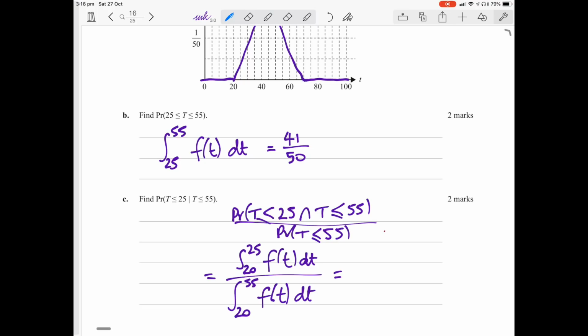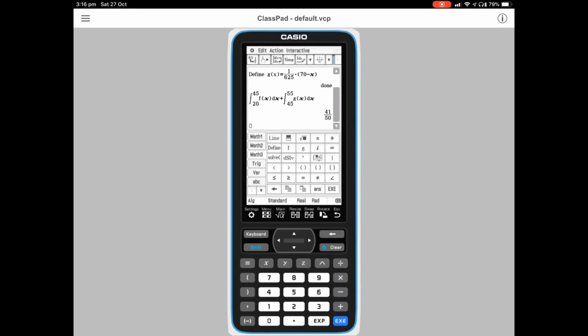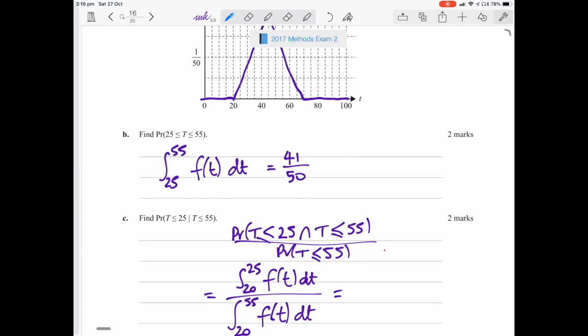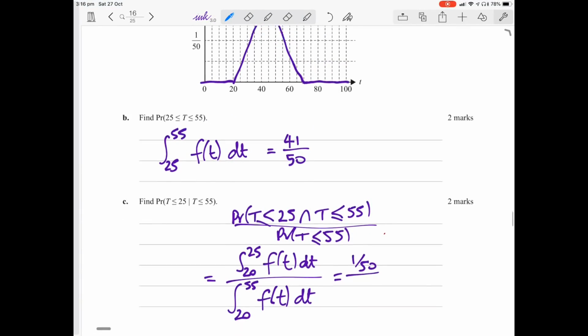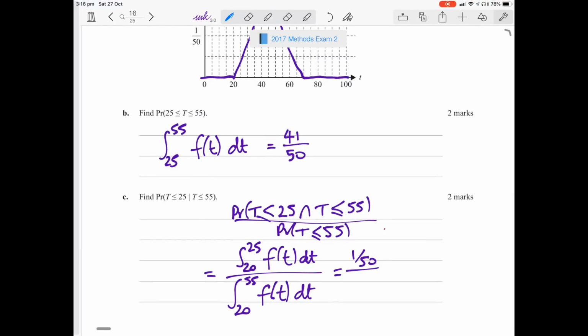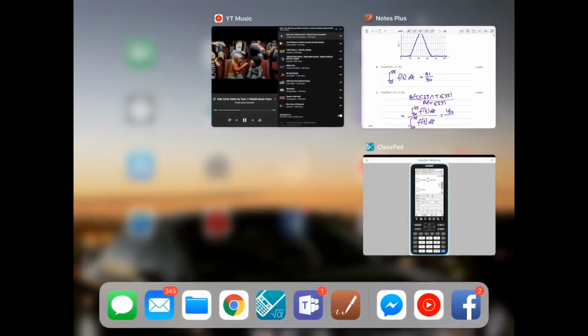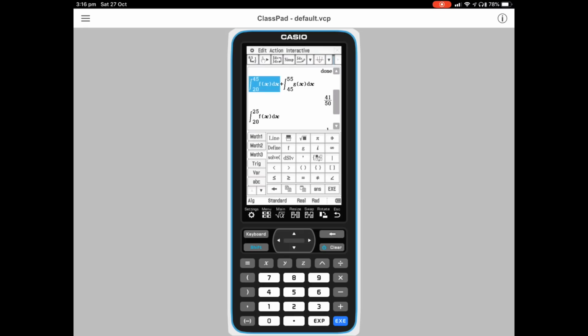So less than 25 is 1 on 50, divided by 20 to 55.